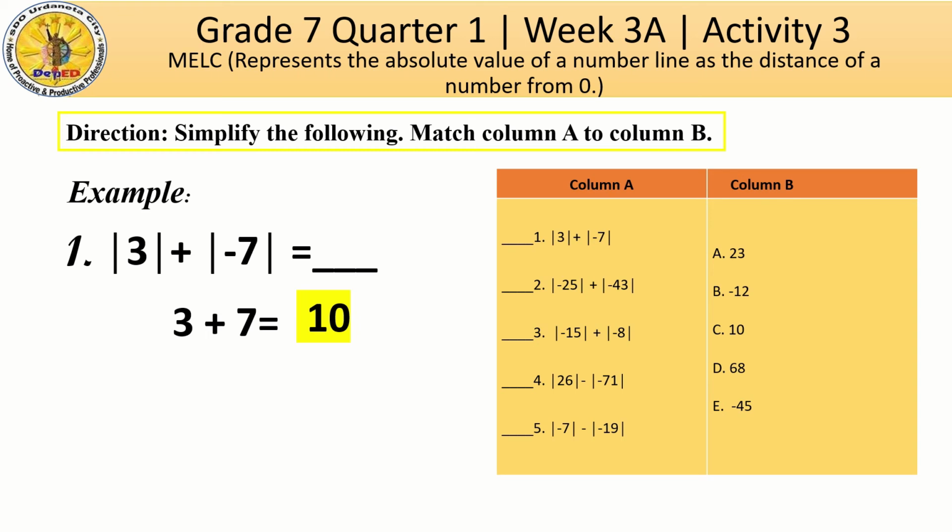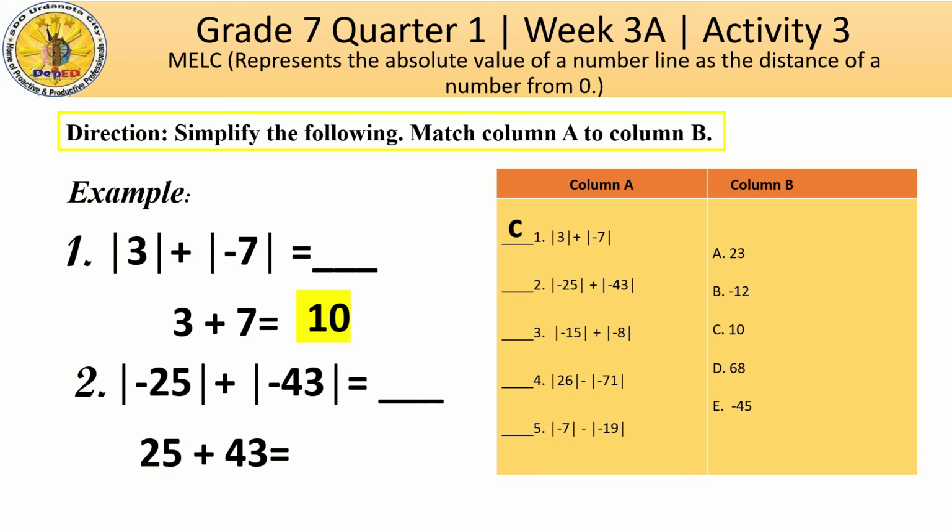So what letter is 10 there in column B? Letter C. Number 2, absolute value of negative 25 plus absolute value of negative 43. 25 plus 43, the answer is 68. What letter is 68 in column B? It is letter D. Very easy.